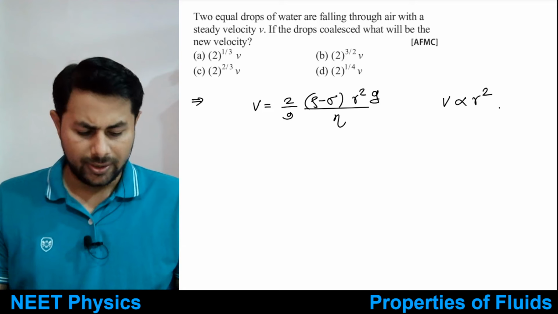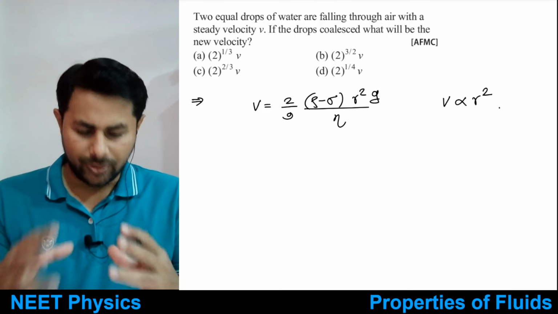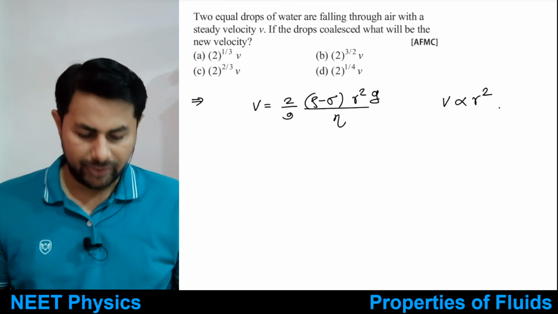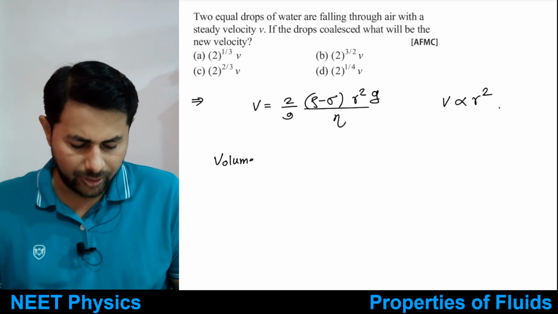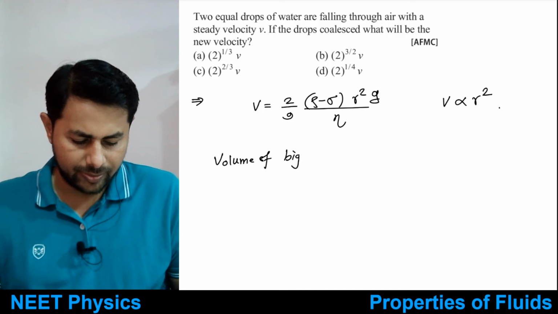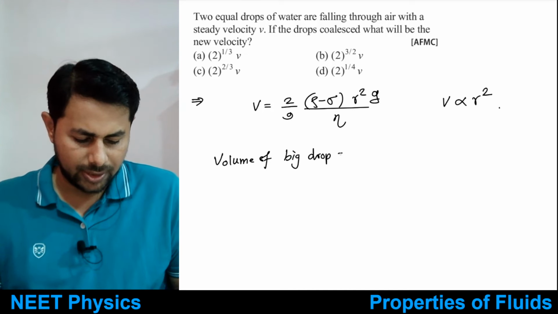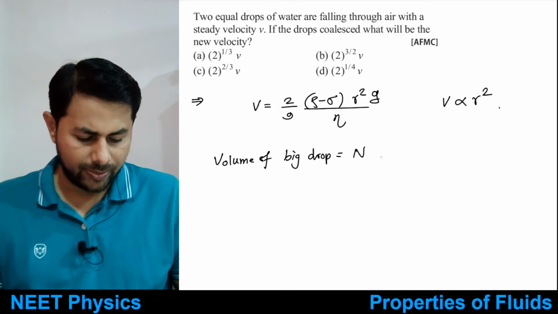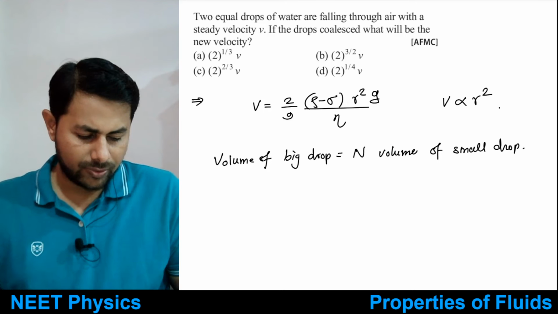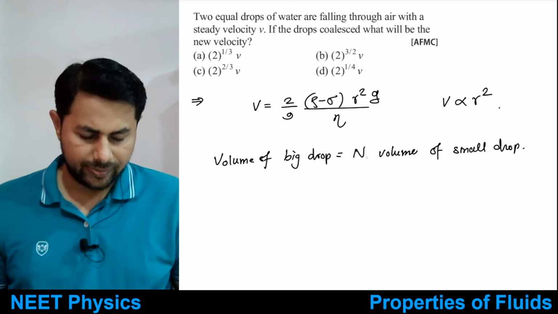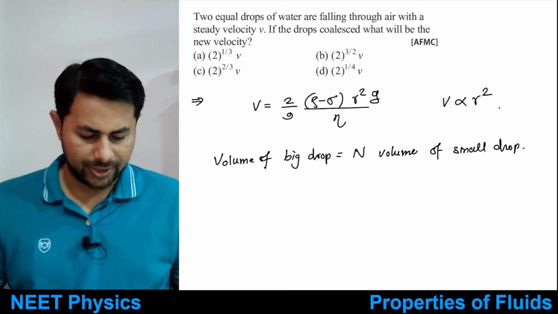Now when two drops coalesce to form a bigger drop, what we can say is the volume of the big drop is equal to n times the volume of a small drop. Now we'll find a relation, and you will just remember that relation.